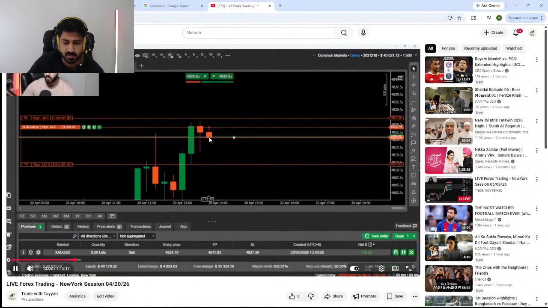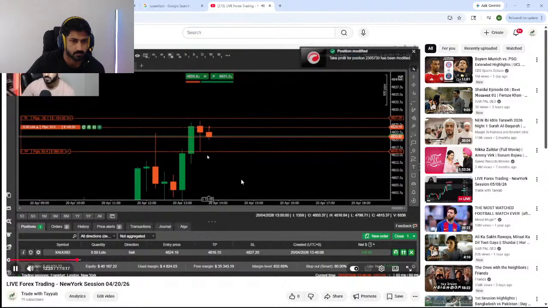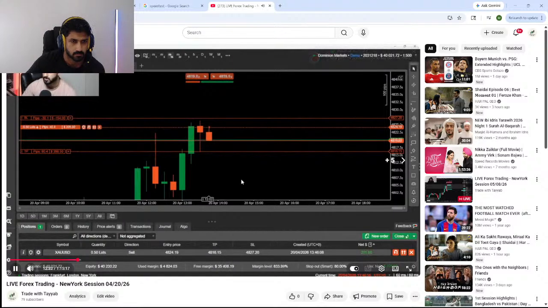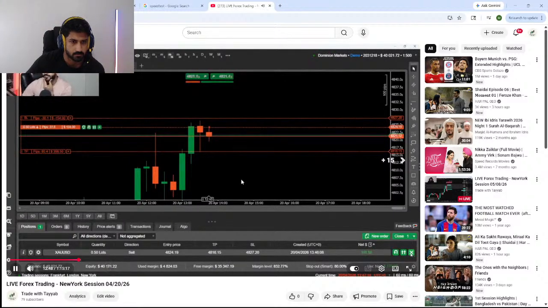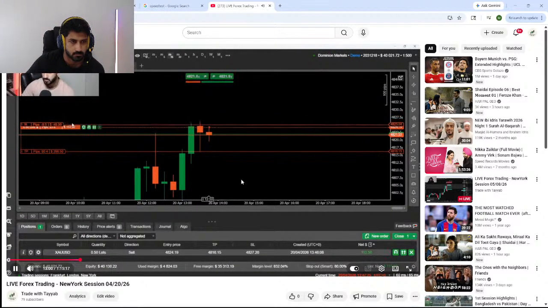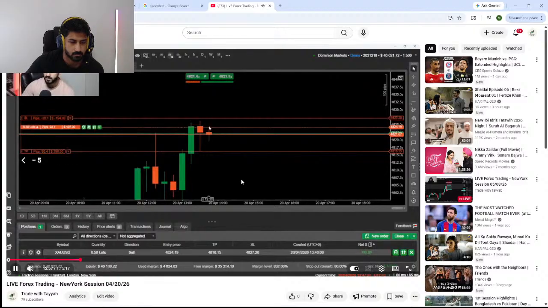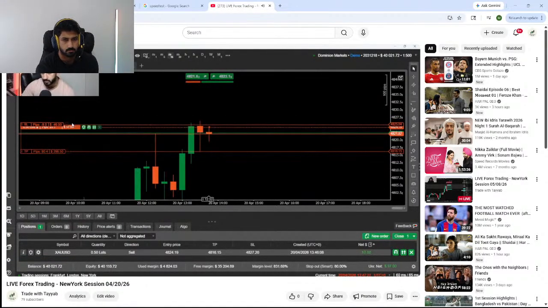I executed this trade entry based on the 15-minute candle, which is right over here. Then I'm probably gonna close the position right over here.